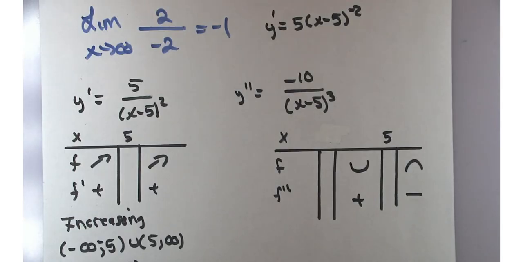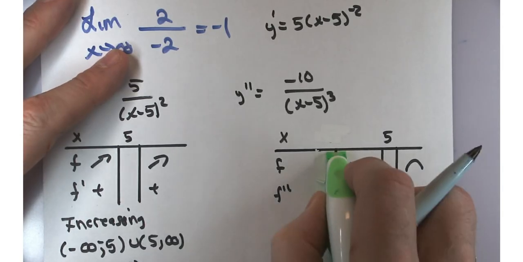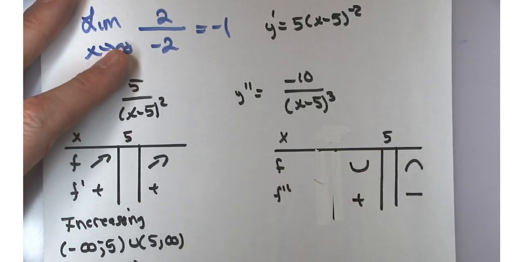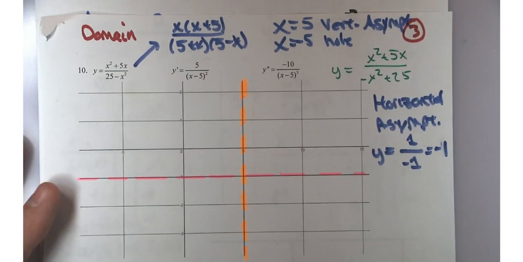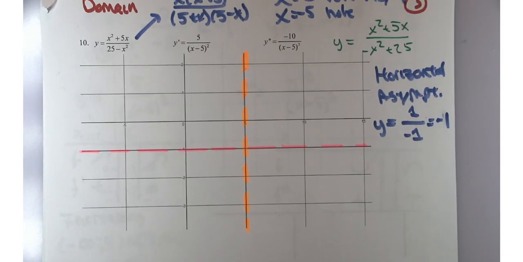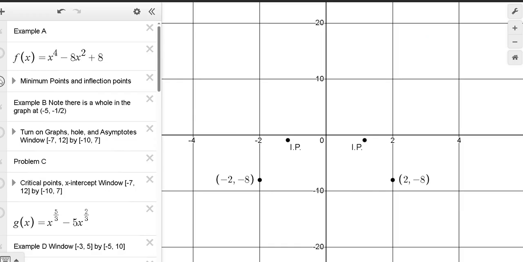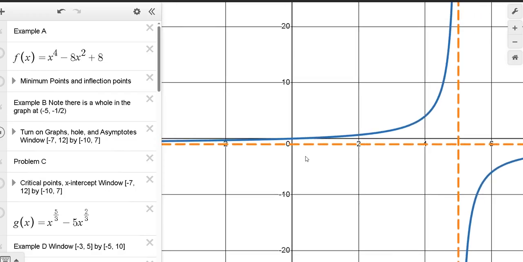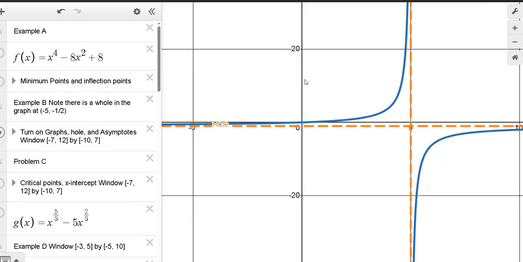So, all right, looking good there. And I can say goodbye to this one and this one. Overall, let's put in some information here. Let's take a look at the graph. I'm not taking your graphing calculators away, so you can just graph these things and make sure that your graph matches what the graph has in the graphing calculator.